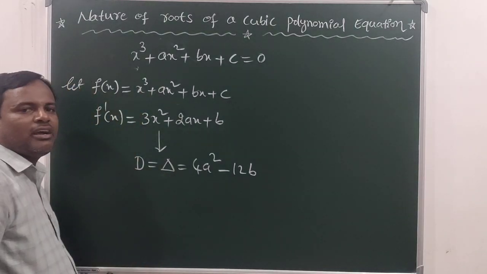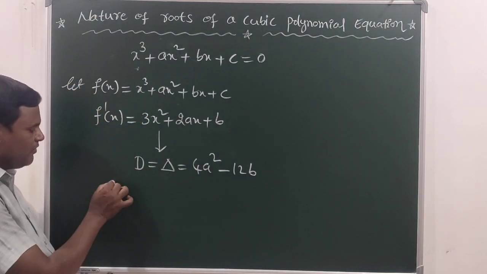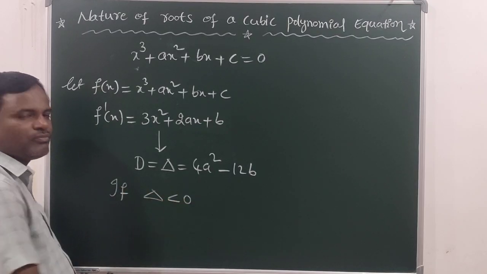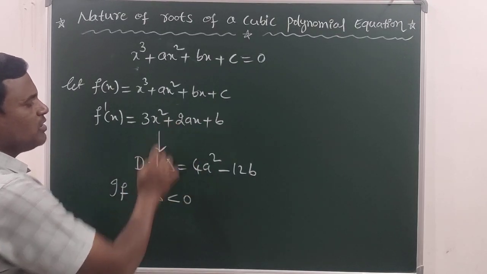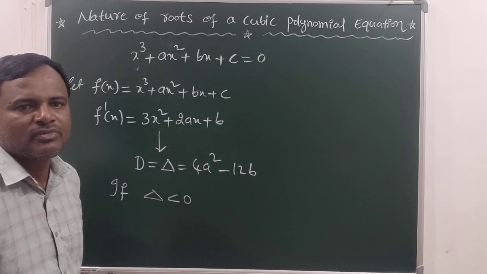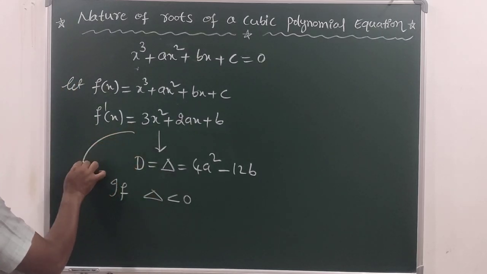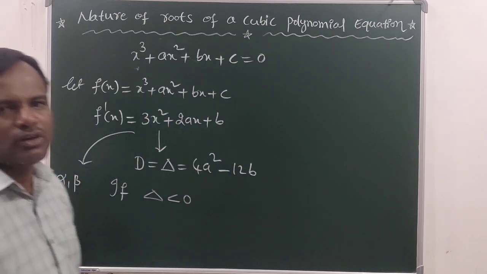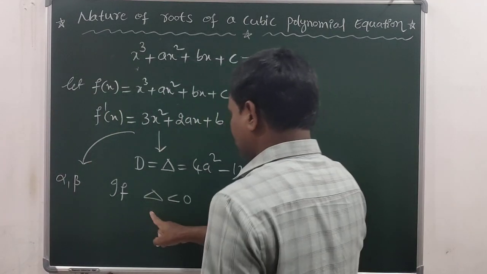See, here I prepared delta. If I get delta negative, then what do you comment on the roots of this equation? Those roots will be complex roots which are conjugate to each other, because I took delta less than 0.